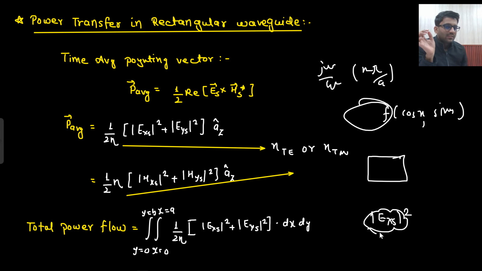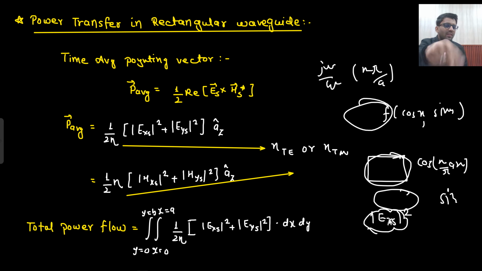Cos m pi by a into x and sin n pi by b into y would certainly be there, but this expression will be your EX, and that would be very complex, and this will be your EY, and you need to sum both of them. So the answer would be very complex.